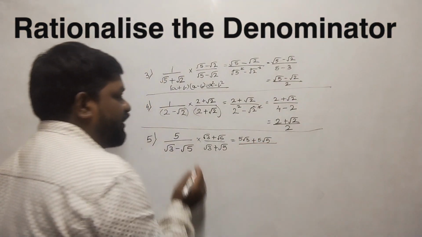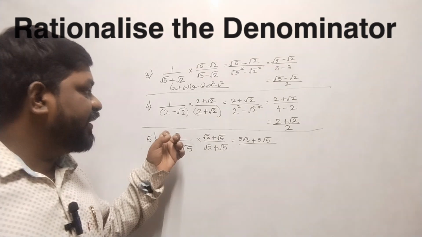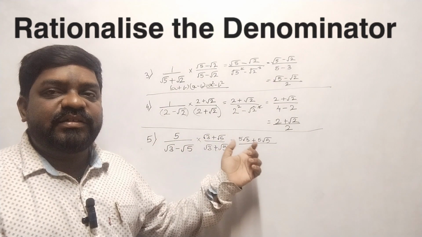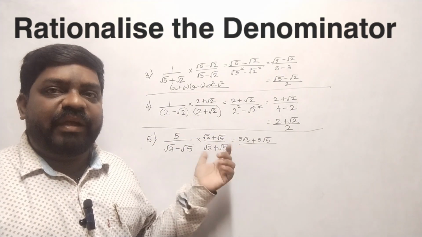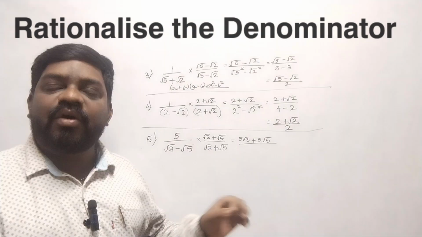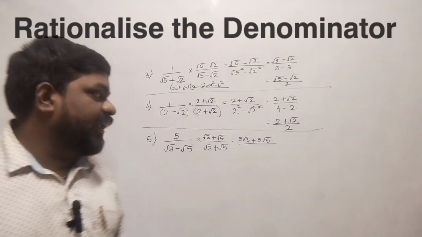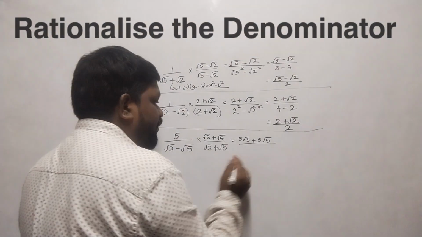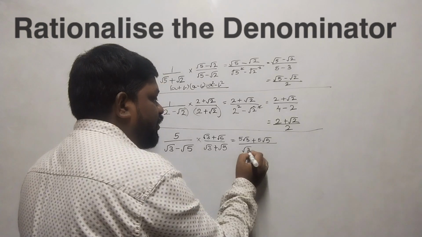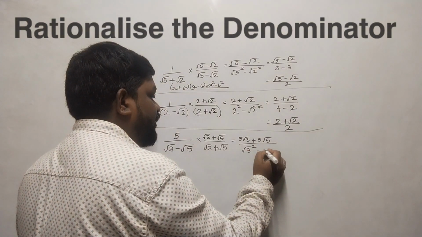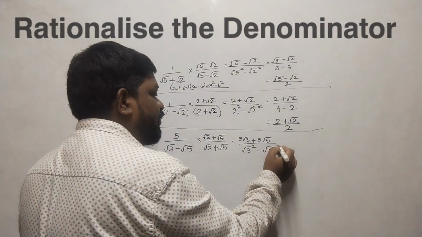Remember students, the number which is outside the root and the number which is inside the root cannot be multiplied. Already we have seen the operations on real numbers. The denominator can be written as root 3 square minus root 5 square.